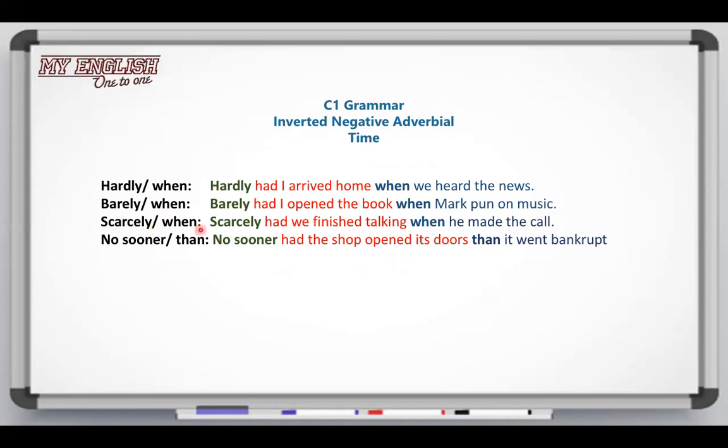Scarcely and when. So scarcely had we finished talking when he made the call. Finally, no sooner had the shop opened its doors than it went bankrupt. All right. So these are adverbials for time, and here we have an inverted form.